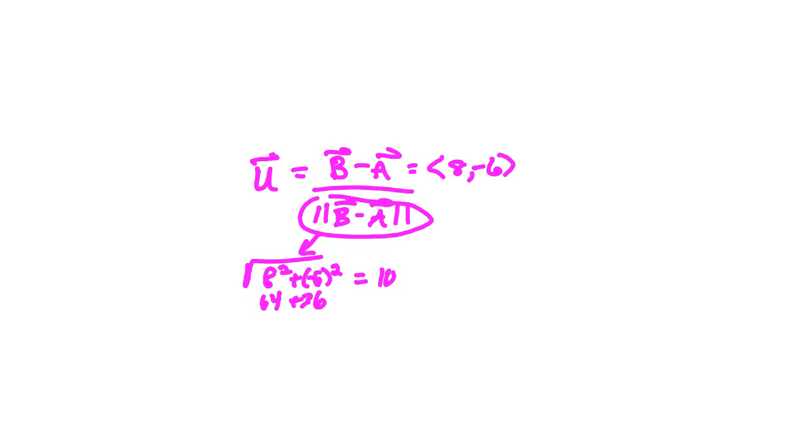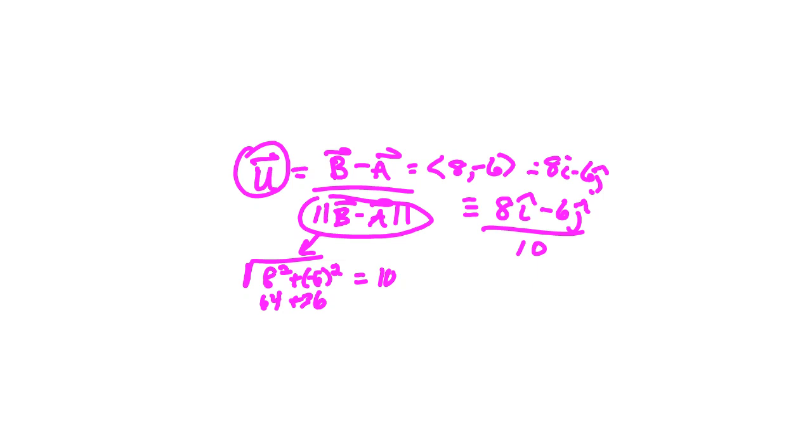So this is going to be equivalent to 8i hat minus 6j hat all over 10. So that's the unit vector in the same direction. Of course, that is not simplified. I could rewrite that as 8 over 10 i hat is 4/5 i hat.